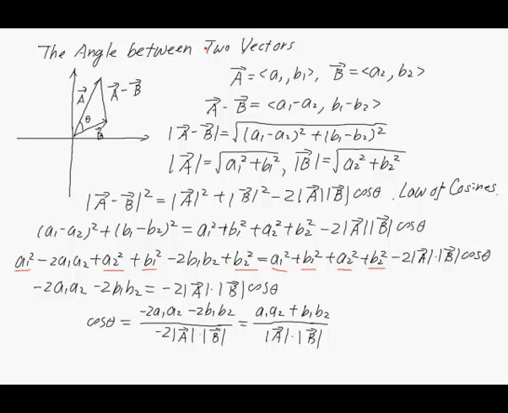When you do the dot product of a and b, you just get a1 times a2 plus b1 times b2. So this numerator is exactly the dot product of a and b.